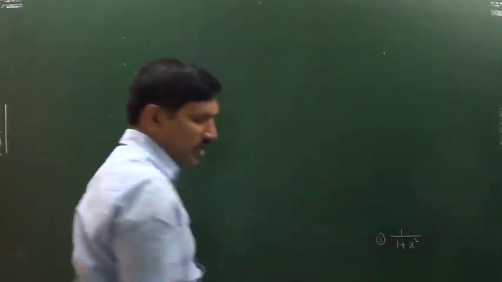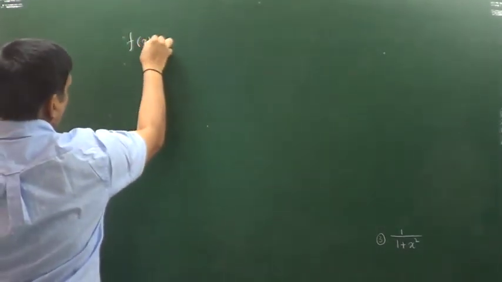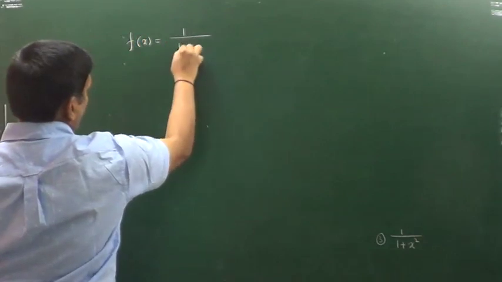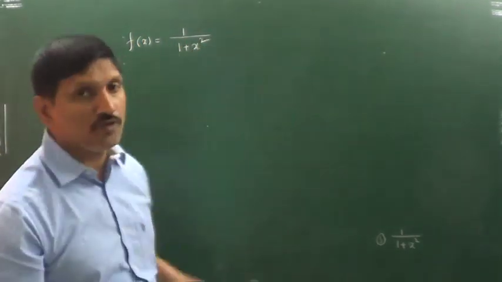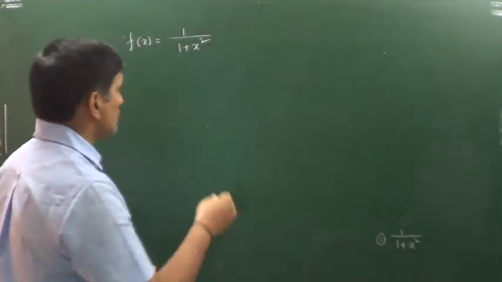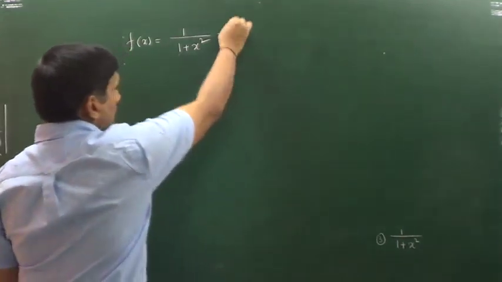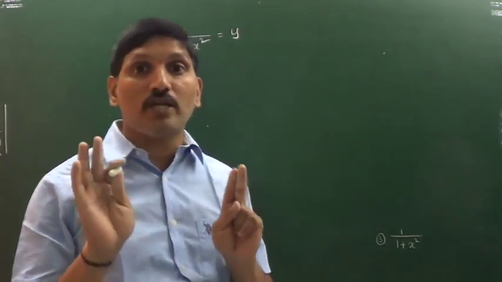So next you can see the last question. F of x is equal to 1 by 1 plus x square. We have to find out the range for the function. Anywhere, anytime for finding the range, you can say this is equal to y. Range is nothing but we have to find out the values of y.